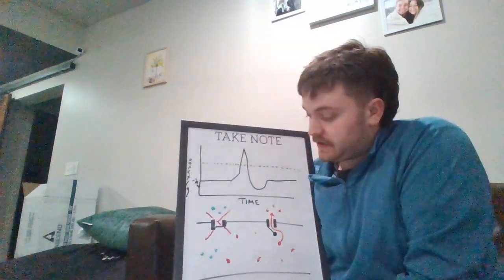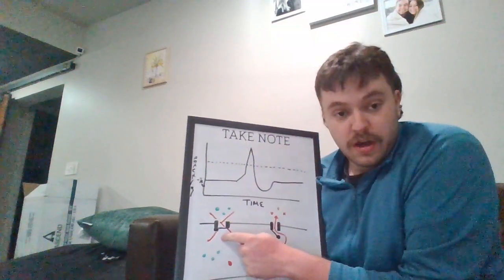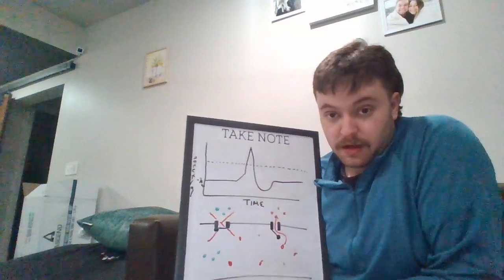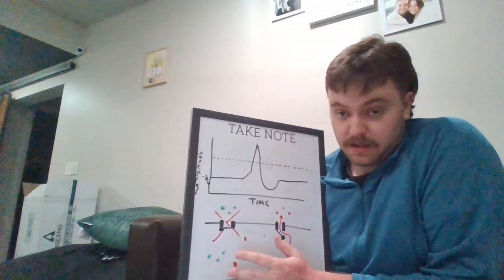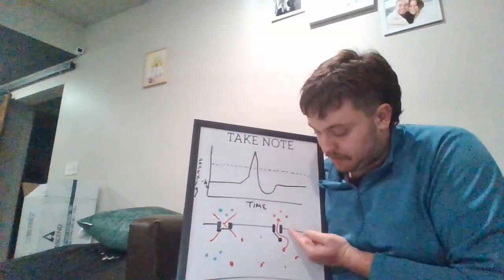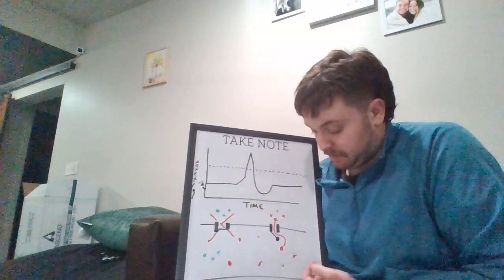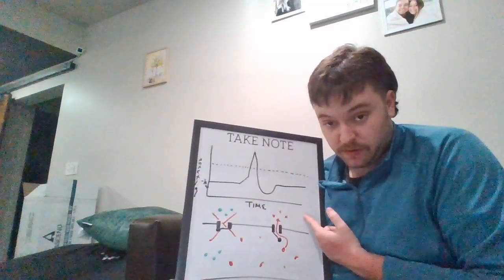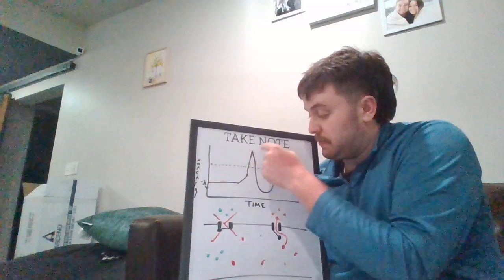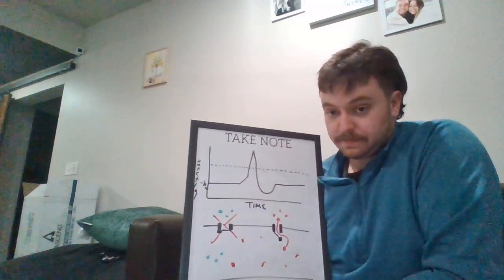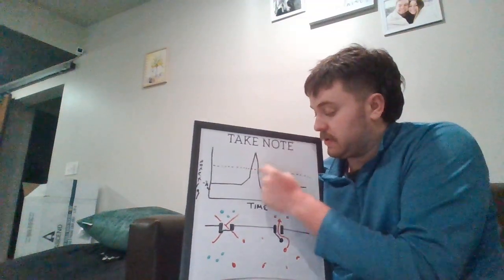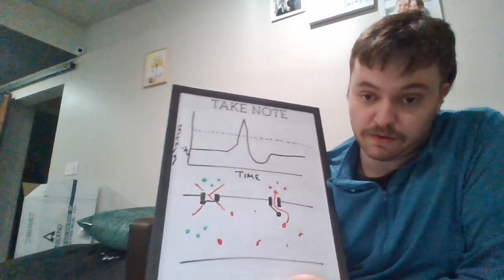So for the falling phase, we have the closure of our sodium pump, and so the little ball plugs up that hole again down there, and it's inactivated. And then for the falling phase, we have the potassium pump opening up, causing potassium to rush from inside to the outside of the cell, and that's going to cause a steep and rapid drop from positive 30 millivolts to far below negative 70 millivolts.